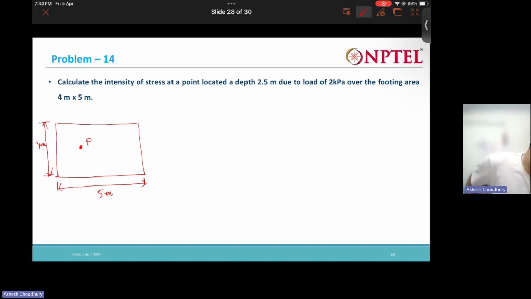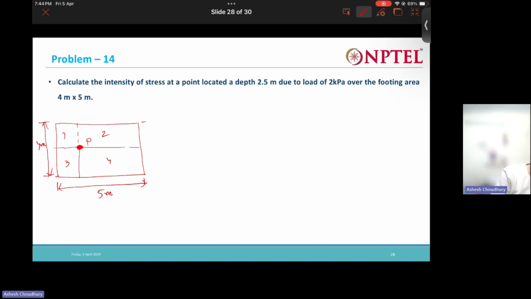For that, what we will do is divide this into some sub areas, like this. So 1, 2, 3, 4. So 4 sub areas we are going to divide this completely.